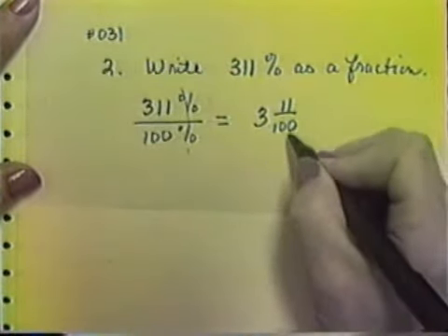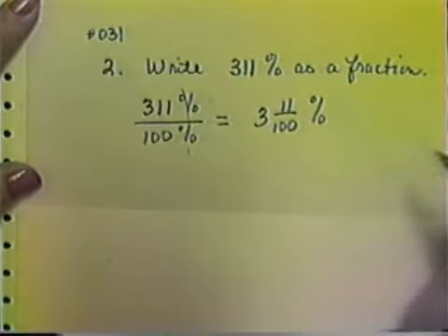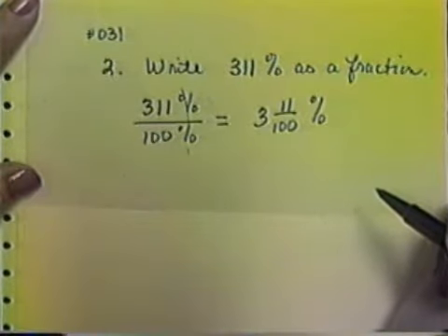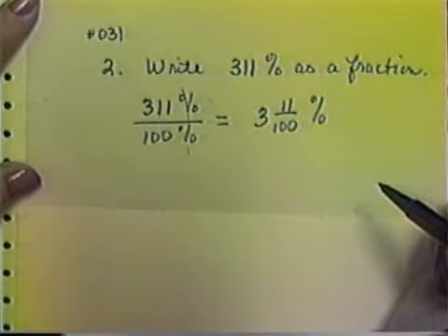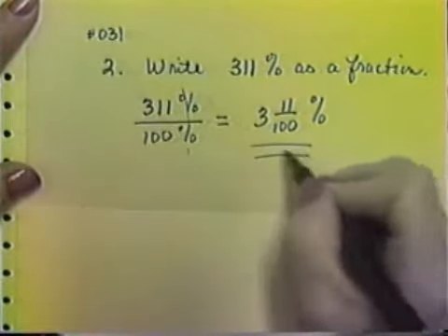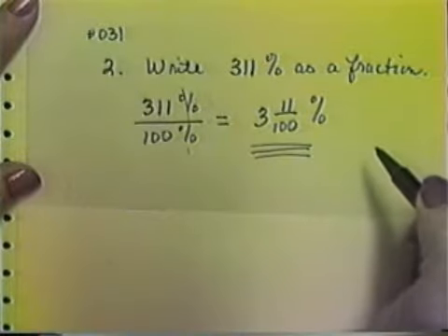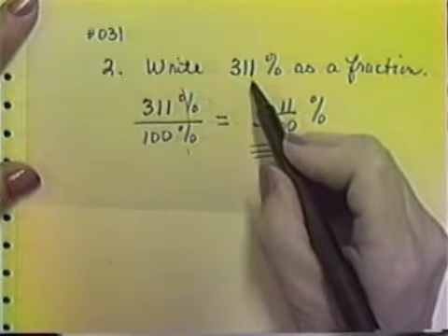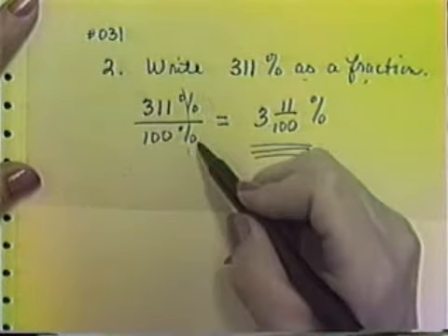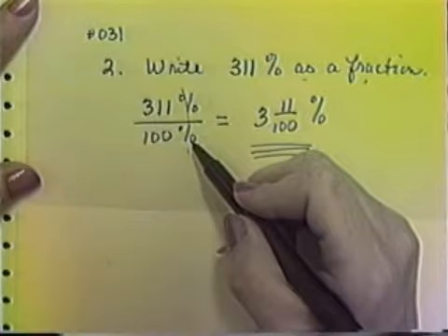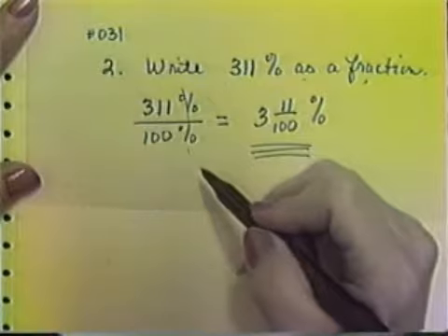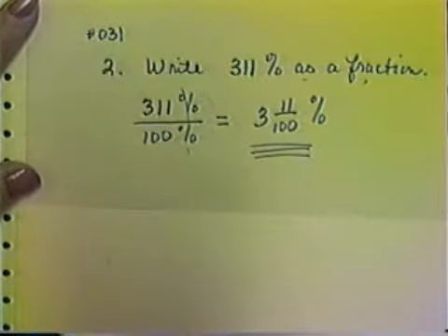So we get 3 and 11/100. To change a percent, we divide by 100% to get rid of the percent, because they mean the same thing.